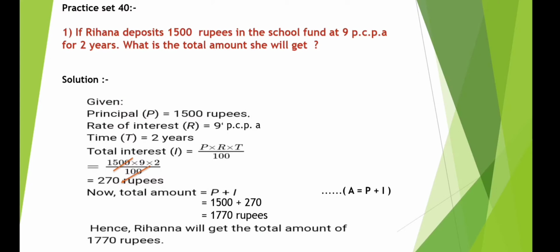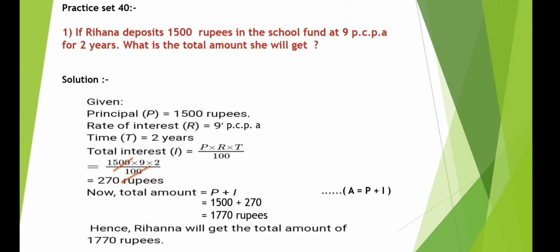The principal is given over here, that is the beginning amount, 1500 rupees. R, that means rate of interest, is 9 PCPA, that is percent per annum, and time given is 2 years. Now according to our formula, simple interest is also called as total interest.